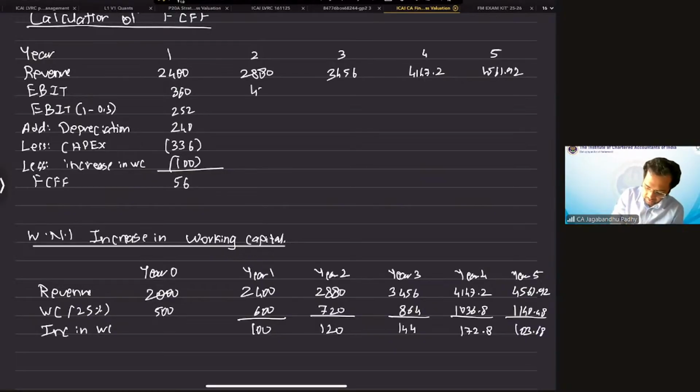EBIT is also growing at the same rate, so 432, 518.4, 622.08, 684.29.